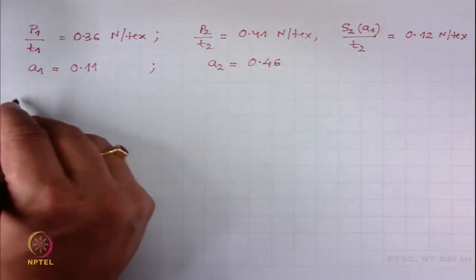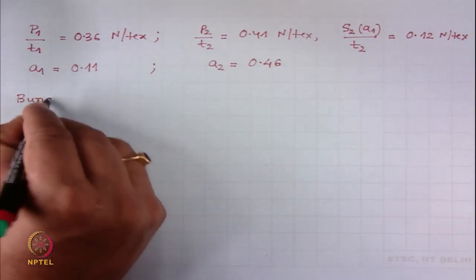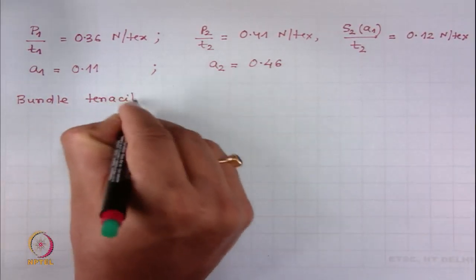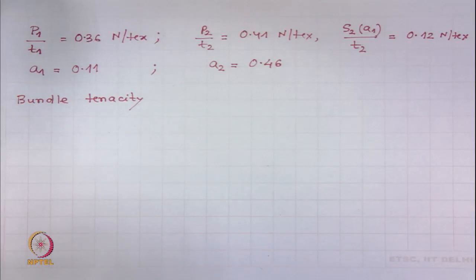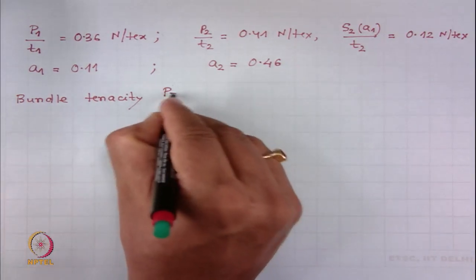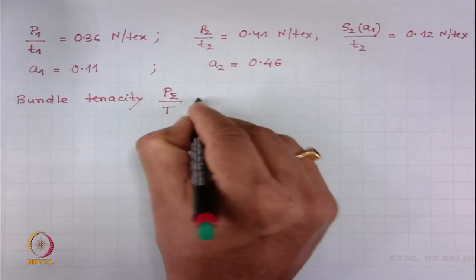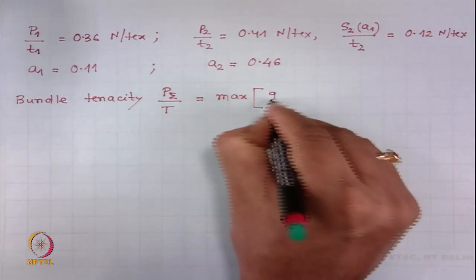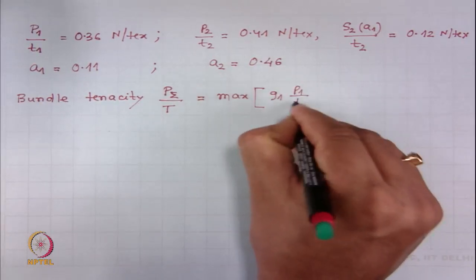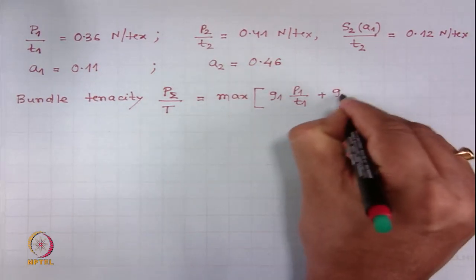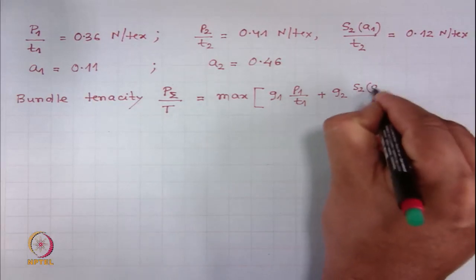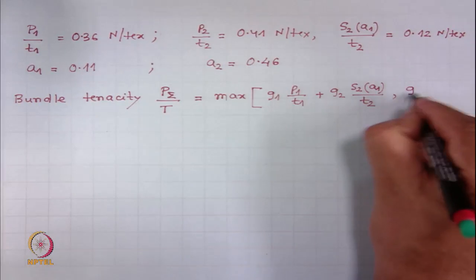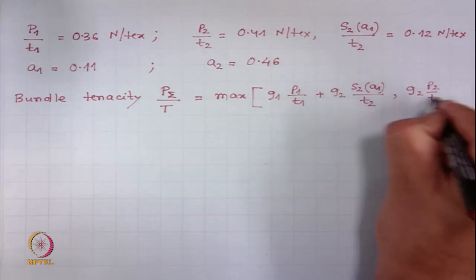What is bundle tenacity? From Hamburger's theory, we learn that bundle tenacity is the maximum of G1 P1 by T1 plus G2 times the 0.12 value, and G2 P2 by T2.